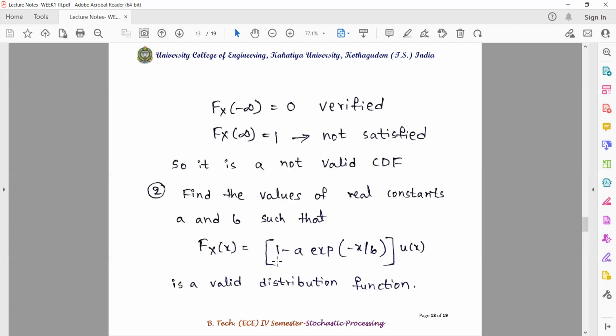The question says that it is a valid distribution function, so find the scope of the values of a and b.